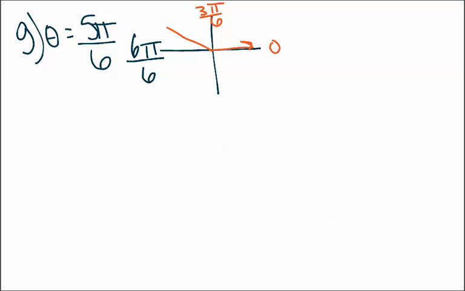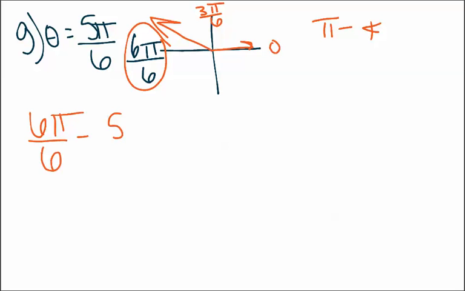That means it must be in here somewhere. So it's in quadrant 2. Quadrant 2 is telling me that I have to do pi minus my angle. So here's my pi, my 6 pi over 6, minus my angle of 5 pi over 6. And when we do that, we end up with pi over 6.